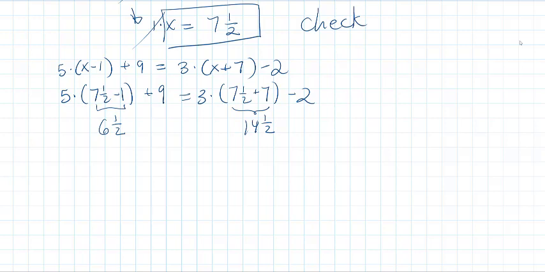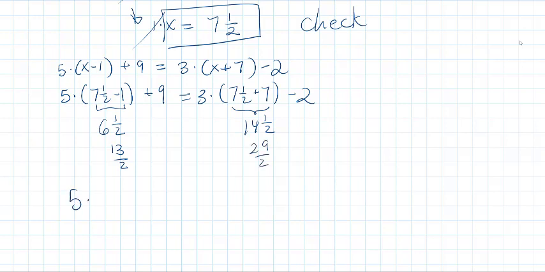Let's write these out as improper fractions. That'll help us with the solution. So an improper fraction we get by multiplying 6 by 2 and then adding the 1. So this is just 13 halves. And this here is 29 halves. Okay, so let's write that out.